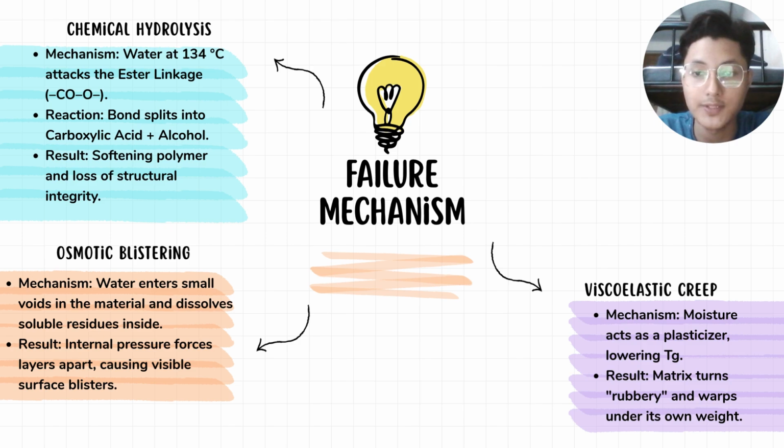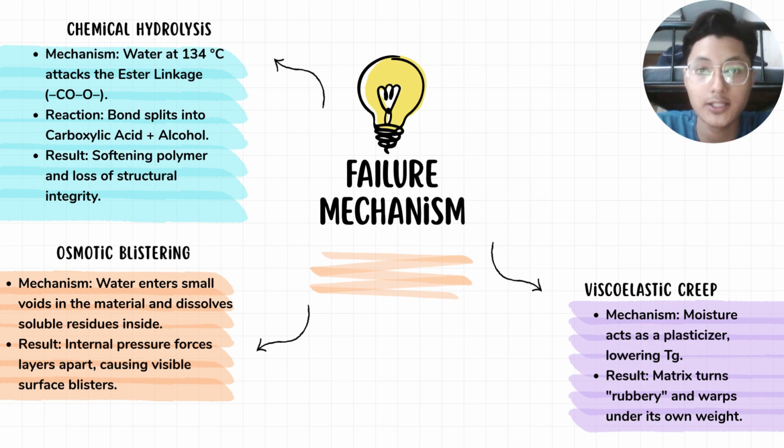For the composite failure mode, first is chemical hydrolysis. So water at 134 Celsius will attack the ester linkage, causing the bond to split into carboxylic acid and alcohol. As a result, the polymer network becomes soft and loses structural integrity. Second is osmotic blistering.